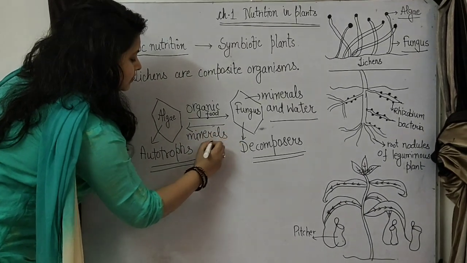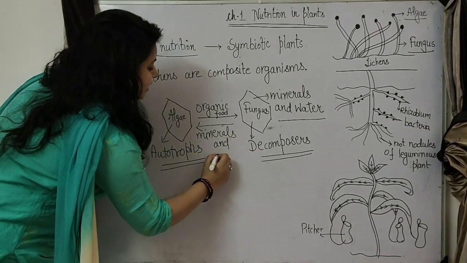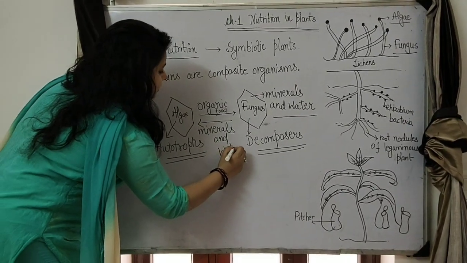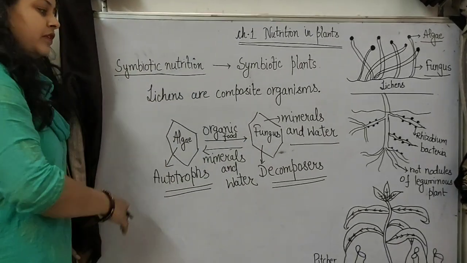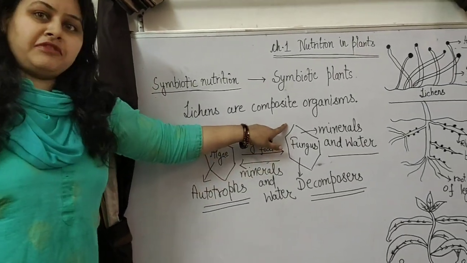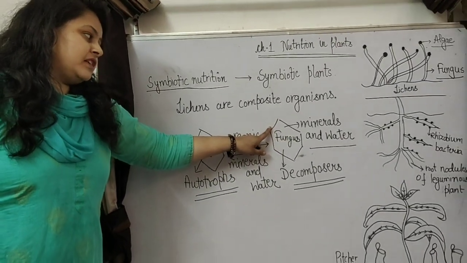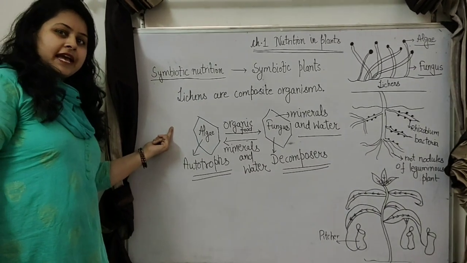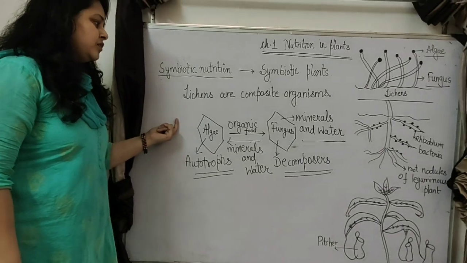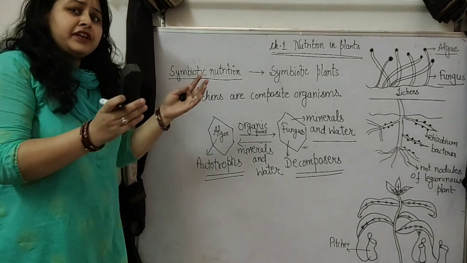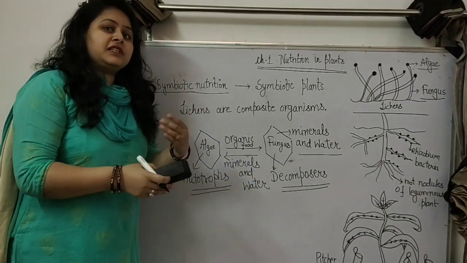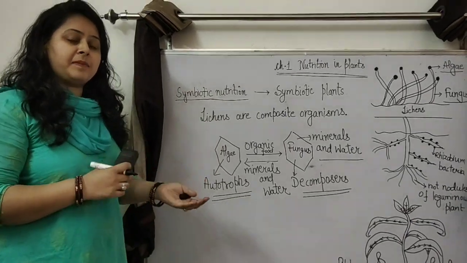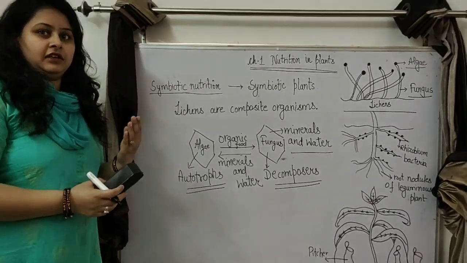That means both are dependent on each other. Algae is providing food to the fungus, whereas fungus is providing minerals and water to the algae. That means we can say that they are living together for their benefits. They are dependent on each other.